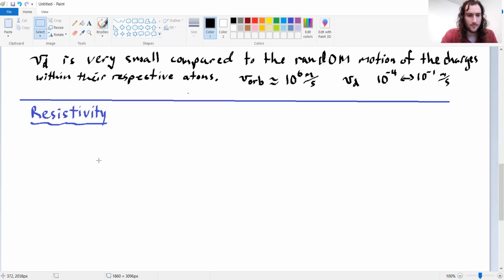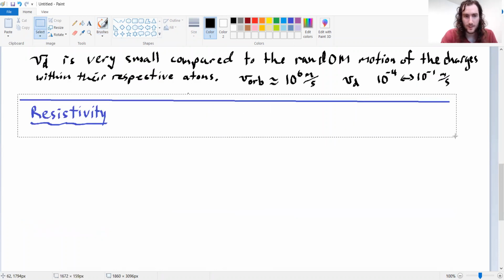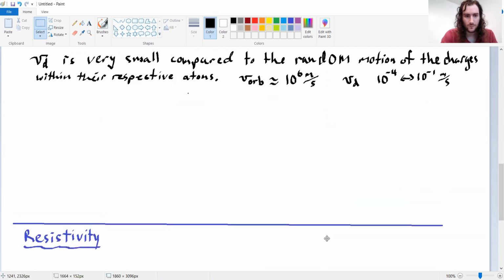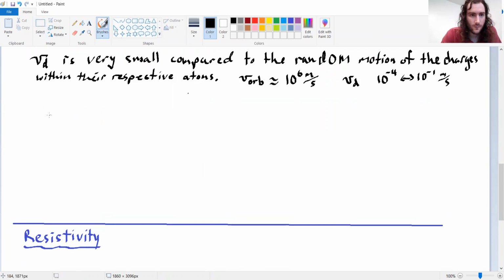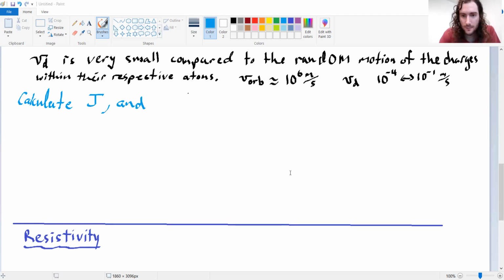And let's go ahead and do an example here before we get to resistivity. Just carry on with that idea of keeping the examples coming. I like the examples. It gives a feel of the equations.